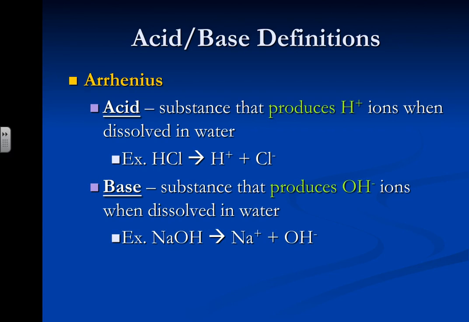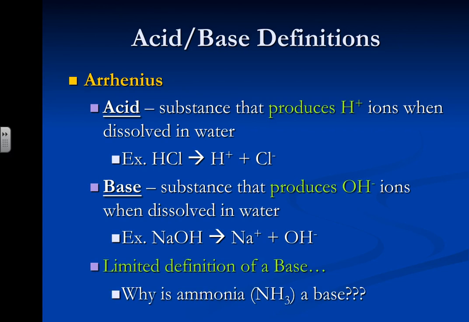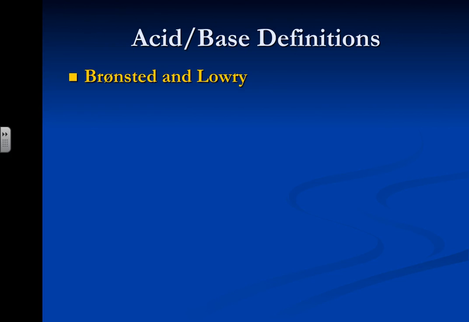However, it doesn't perfectly categorize everything. The biggest problem was ammonia. The base definition here is quite limited. In fact, ammonia is a base, but based on the Arrhenius definition, we have nothing to understand that on. So because Arrhenius's definition was limited, a couple other guys came along and determined a more inclusive definition, which is the Brønsted-Lowry definition.